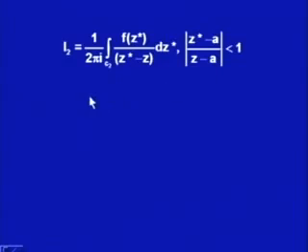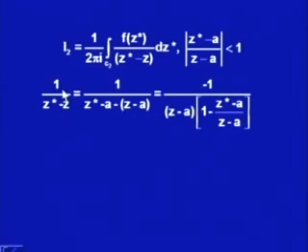So, assuming this, I can expand 1 upon (z* minus z) part of this integrand as 1 upon (z* minus a) minus (z minus a), and then (z minus a) can be taken out, and this will be minus 1 of (1 minus (z* minus a) divided by (z minus a)).